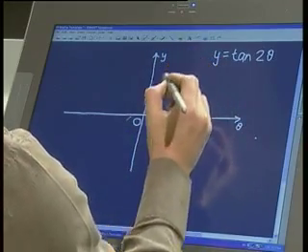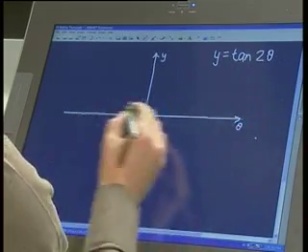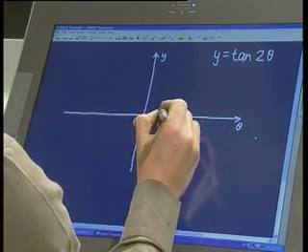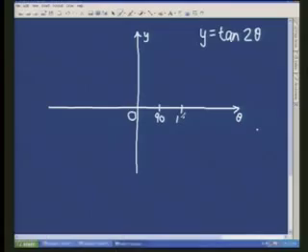So if we look at the horizontal axis, we will make that the theta axis, and we will have the numbers 90, 180, 270, 360, and we will do the same on the negative side.